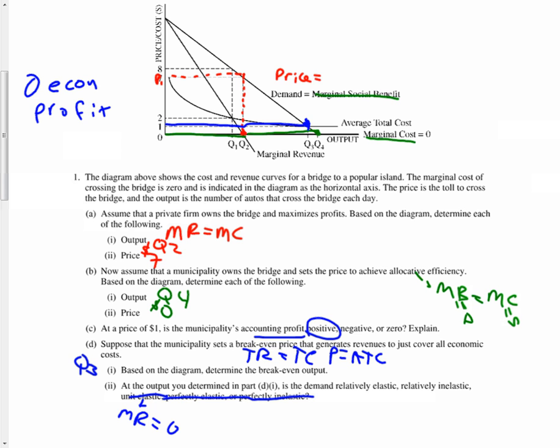So we can cross that one out. Then with the demand curve, MR equals 0 kind of defines unit elasticity at a price of $7. Anything to the left is elastic. Anything to the right of unitary elastic is inelastic. So sure enough, it just asks us to determine. So all we would have to say is, well, it's relatively inelastic.